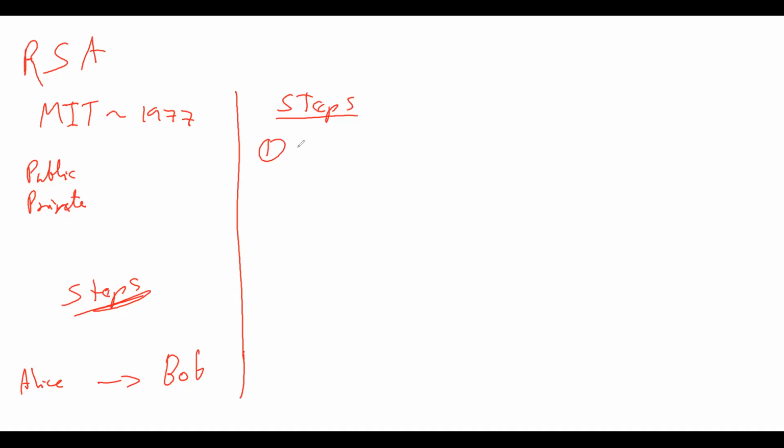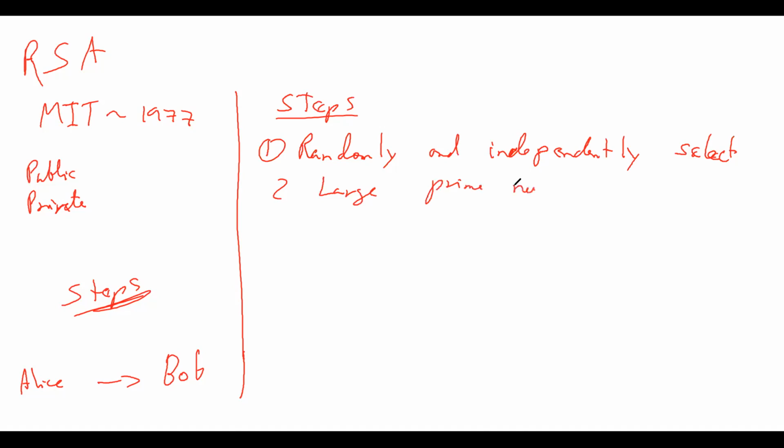So the first thing is that you will randomly and independently select two large prime numbers, which we're going to call P and Q, such that P is not equal to Q. All right, so that's the very first step.